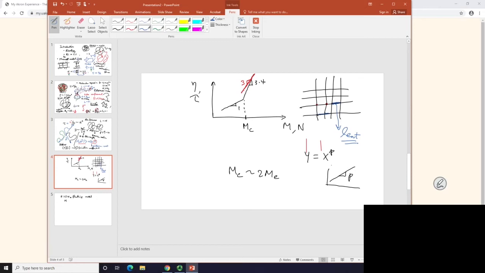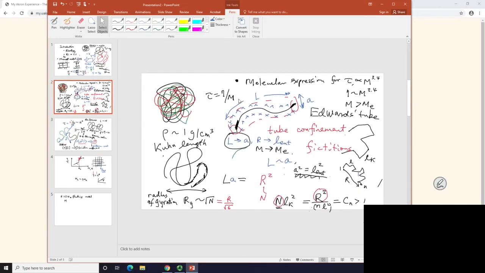That's one way of thinking about it. I introduced several ways to you. If you consider a tube, obviously when the tube is too short, you don't have confinement or entanglement anymore.